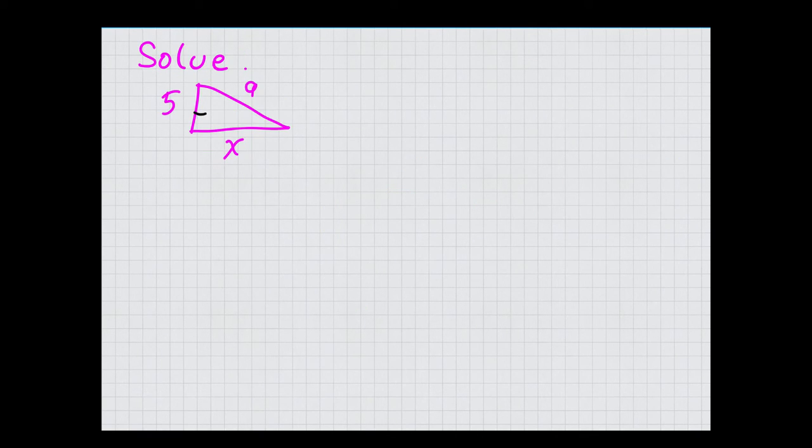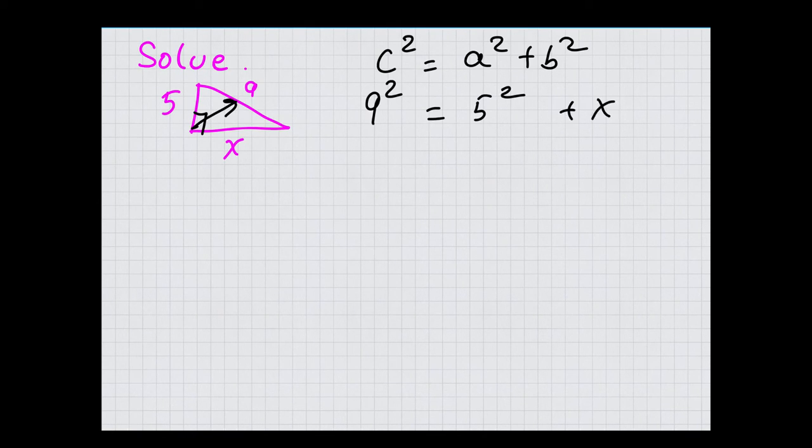Here we have to solve for x, and that's a right triangle. So we have c squared equals a squared plus b squared. C is always across the right angle. So we have 9 squared equals 5 squared plus x squared. So we have 81 equals 25 plus x squared, minus 25 on both sides.